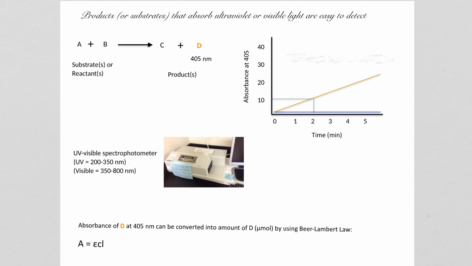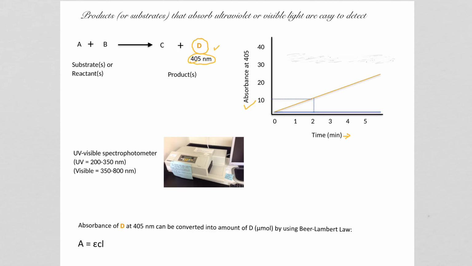So for example, let's say this product D here has a strong absorbance of visible light at 405 nanometers. In that case, we can follow this reaction by following the absorbance at 405 nanometers with time.